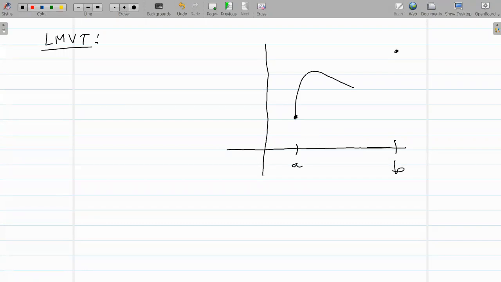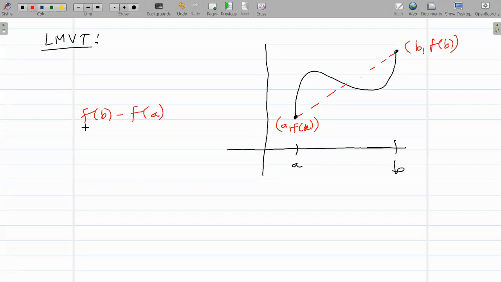So I may have a function going like this, and then you look at this line. This point is (a, f(a)). This point is (b, f(b)). So this line has a slope of (f(b) minus f(a)) upon (b minus a).